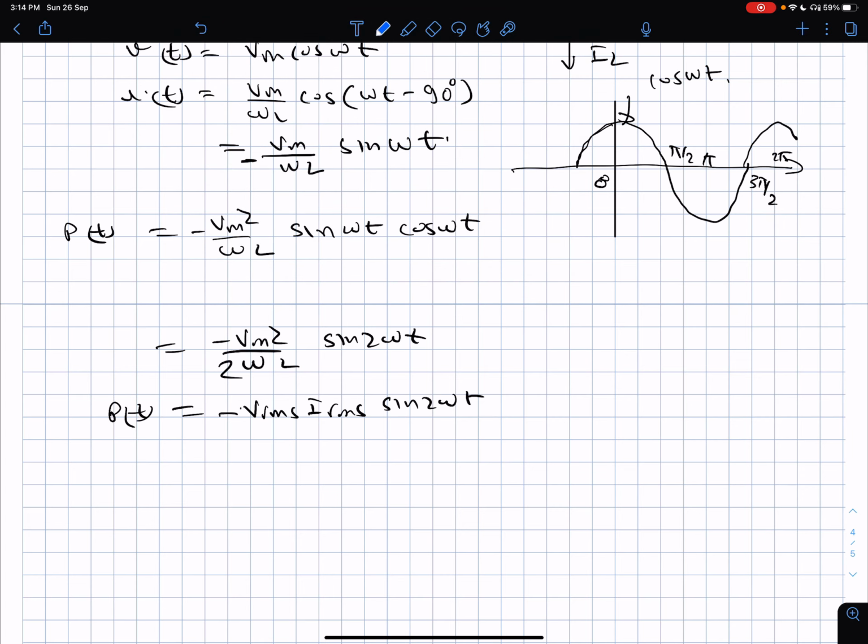Now if you look at the minus of sine 2 omega t waveform, then one cycle of sine 2 omega t will complete in half the cycle, which is at pi, and it's coming with a minus sign. So you will get a waveform like this, and then a waveform like this.